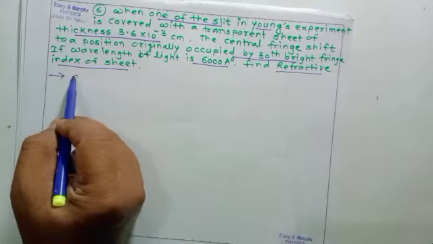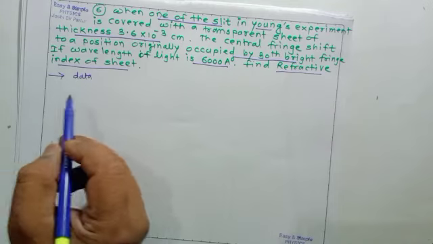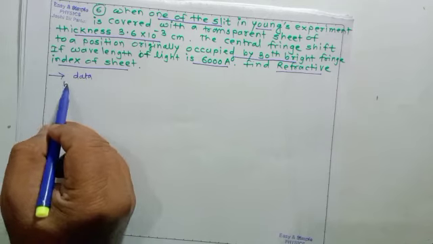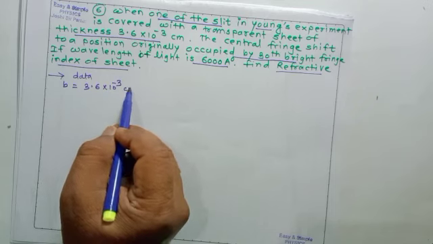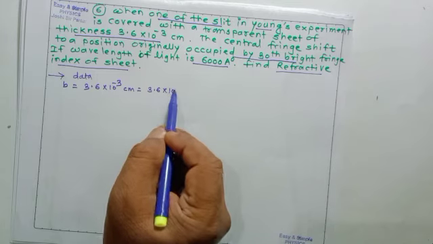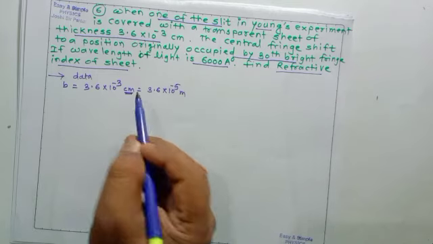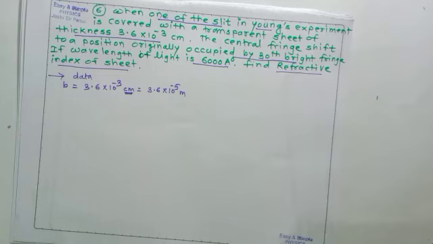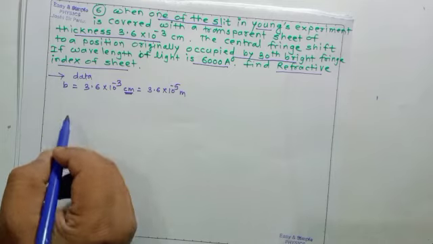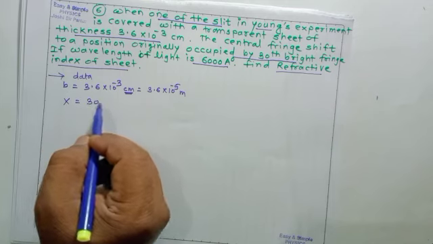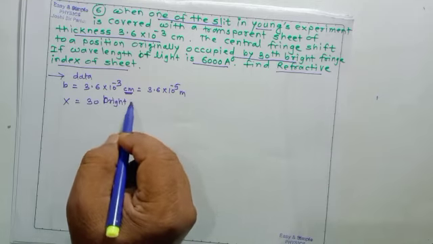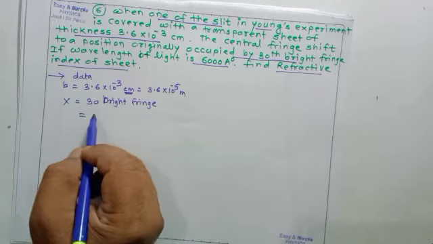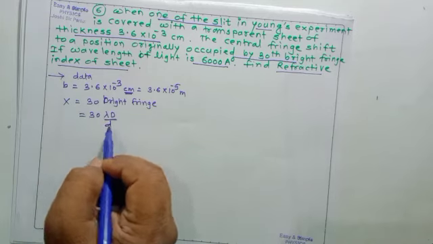See here, if we write the data, in this case the thickness B is given, that is 3.6 × 10^-3 centimeter, which means 3.6 × 10^-5 meter, because centimeter gives 10^-2. The central fringe shifts to a position occupied by, which means x is equal to the 30th bright fringe, which means 30 lambda D upon d.